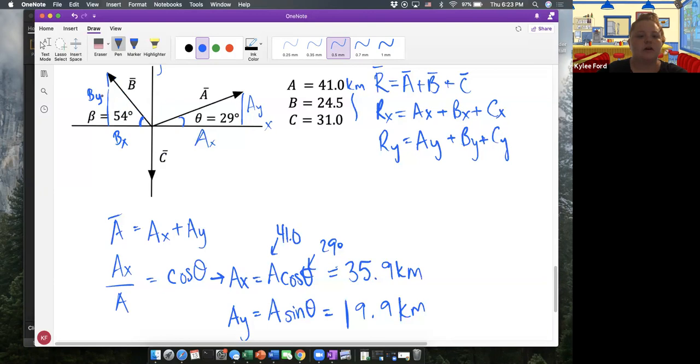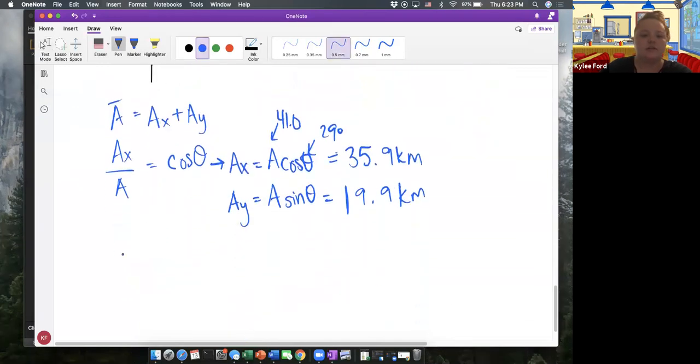We want our opposite and our adjacent. It looks very similar to this, except it's in the opposite direction, in a different quadrant over here. B is again BX and BY.